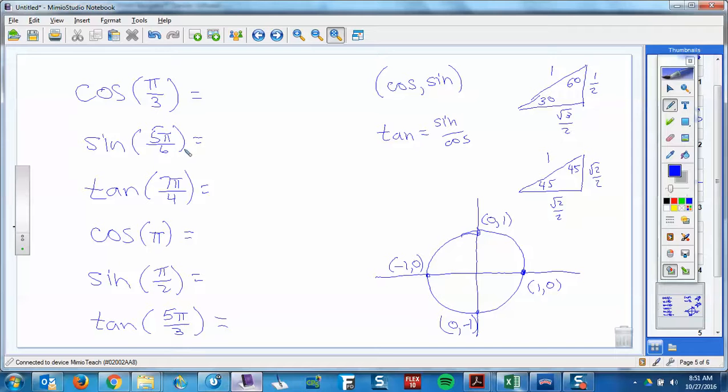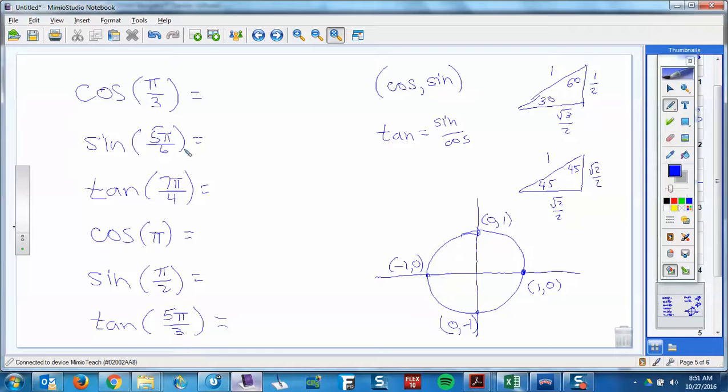Sometime between now and tomorrow, maybe as you're writing them, I've put some various things that are important to know: the coordinates around the unit circle like we did yesterday, and Emily talked about doing the 45-45 and 30-60 triangles, so knowing those values might be helpful. Knowing that cosine is the x, sine is the y when you're going around the unit circle. Tangent, of course, is sine divided by cosine. Any of those things can be useful for these various problems.